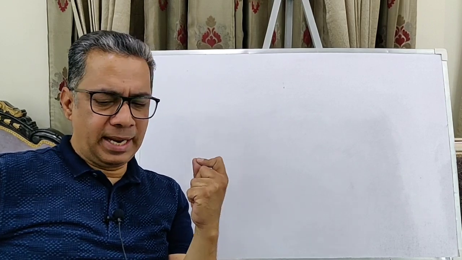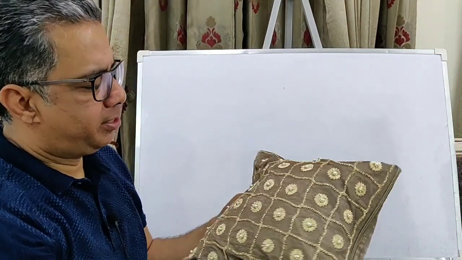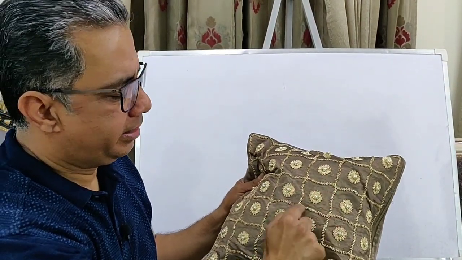If I take an area vector representing this little area on the cushion, that area vector would be outward from the surface and not inward inside the surface.